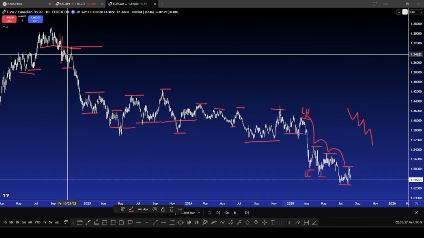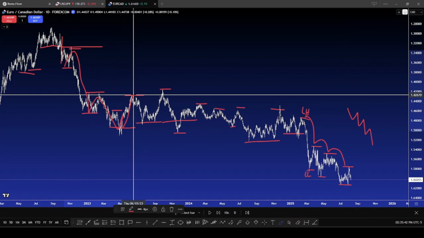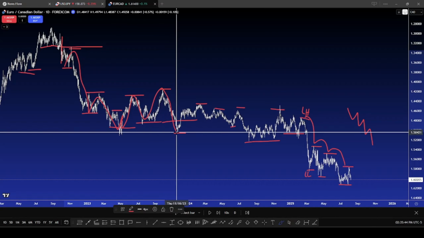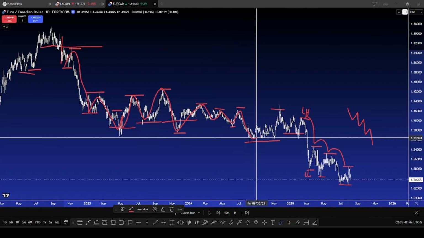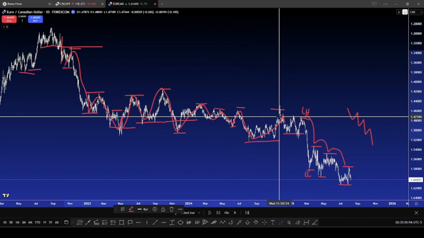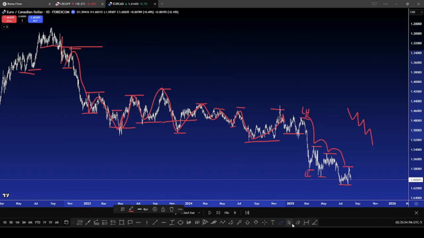So all of this, guys, was down. Then we went up a little bit, then came back down, and we keep going down. Yes, we get some movements back, but when you can read the structure, you can demystify all of this.